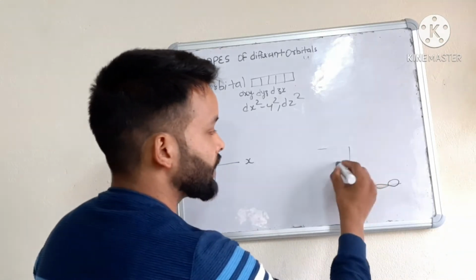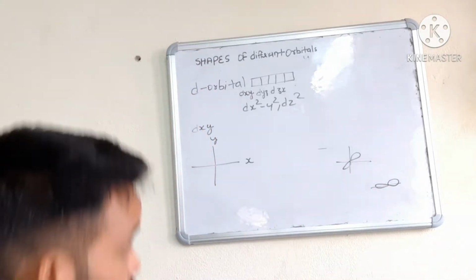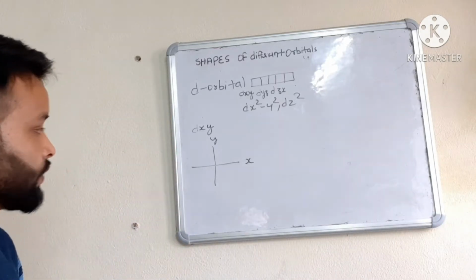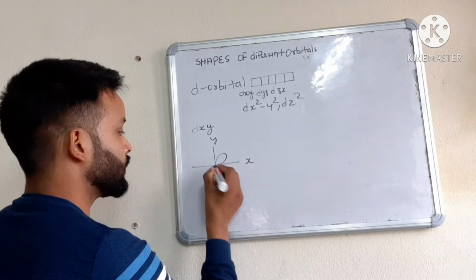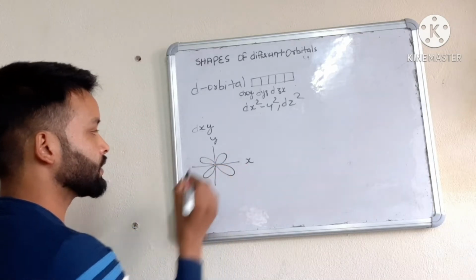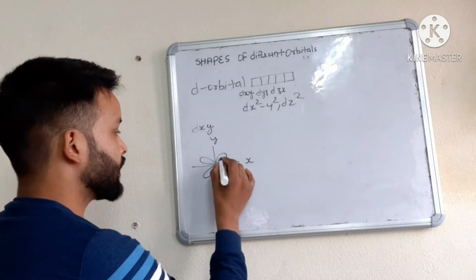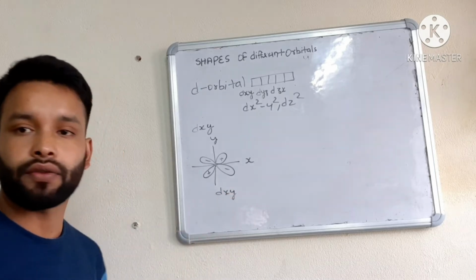Means these are the axes, and in between you will draw. So we'll start with dxy. In general it is plus plus, minus minus. This is dxy. Fine.